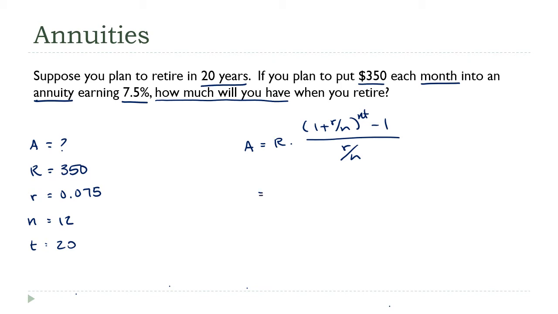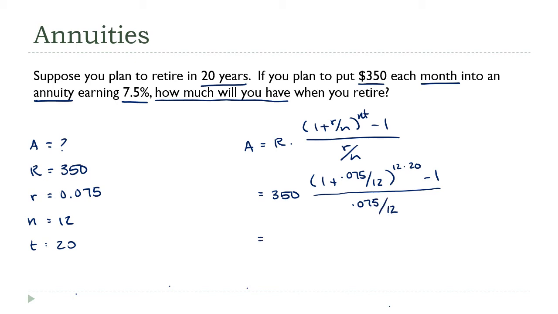So go over your formula. 350 times 1 plus 0.075 divided by 12, to the nt, so that's 12 times 20, minus 1, over 0.075 divided by 12.